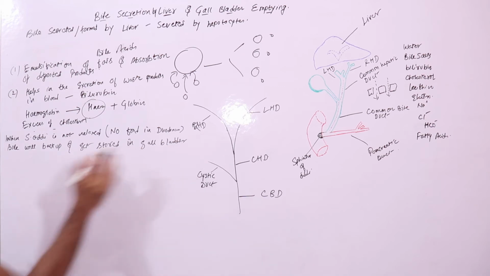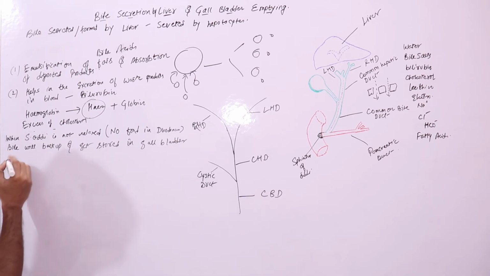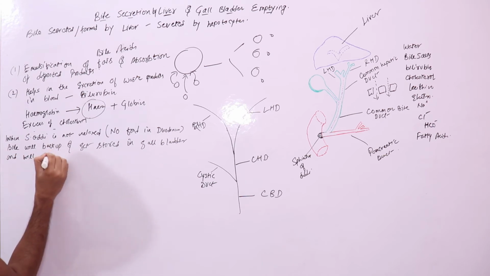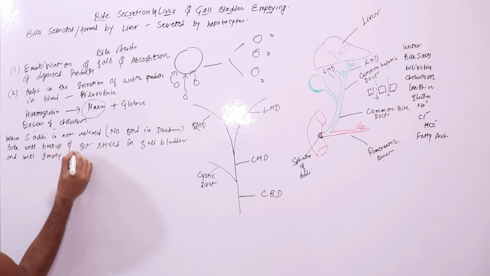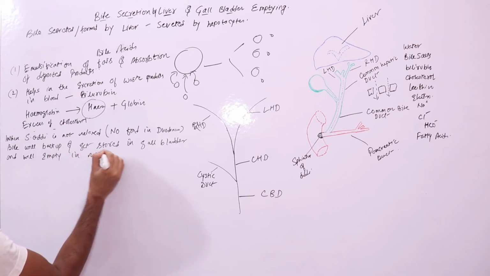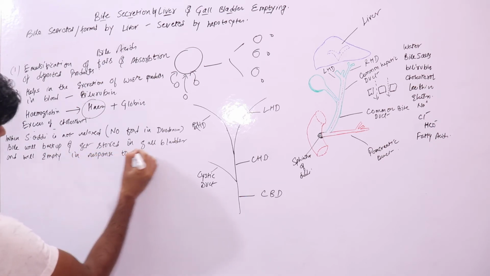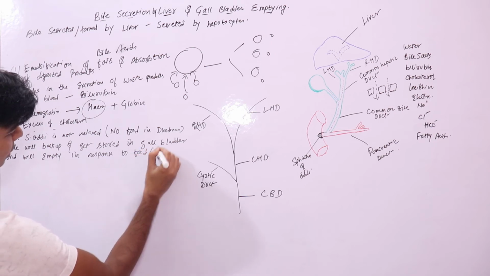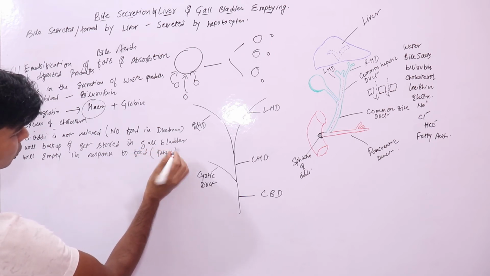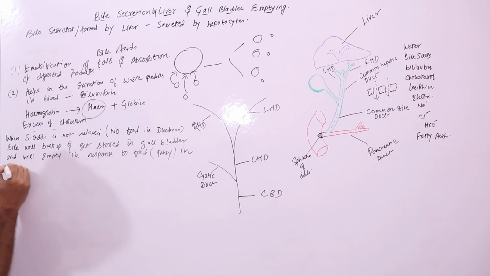So it gets stored in the gallbladder and will empty in response to food, or you may call it fatty food, in the duodenum. I hope this is clear, right.